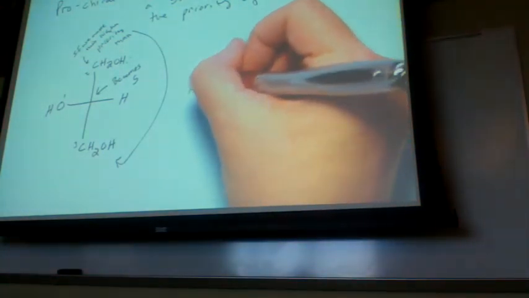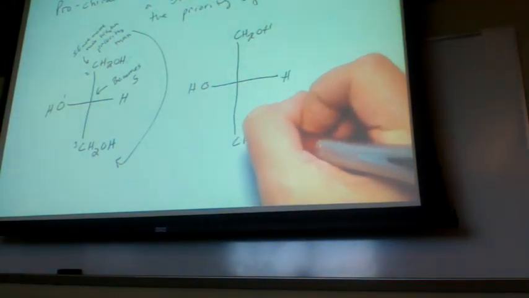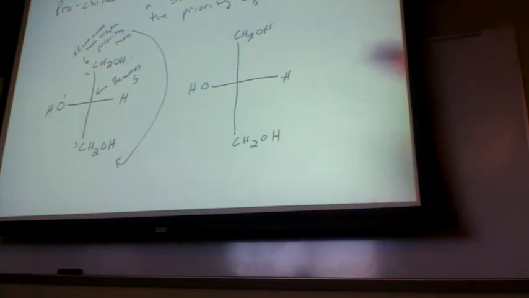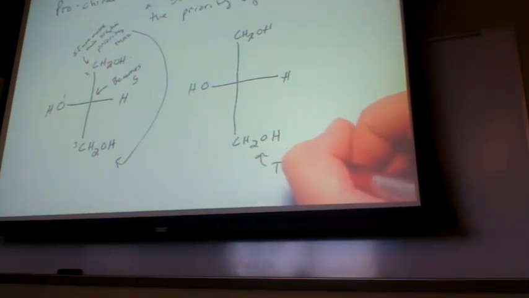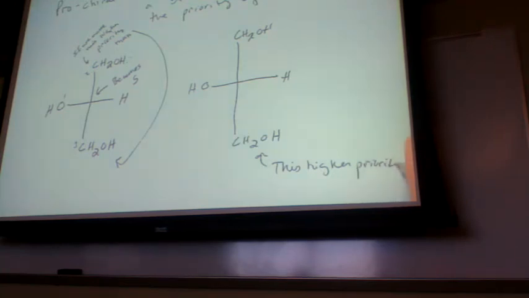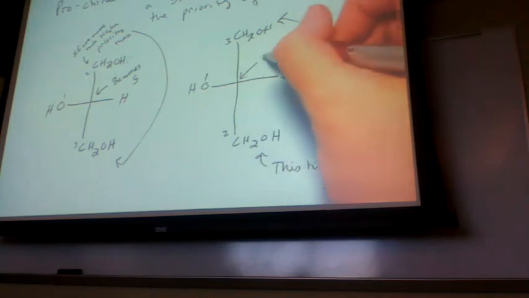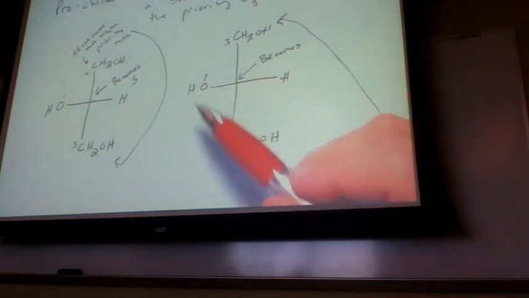If I do the same thing, and I make this higher priority than the other one, so now this is 1, and this is now 2, and that's now 3, then my stereocenter becomes 1, 2, 3, counterclockwise, but the H is coming out at me.